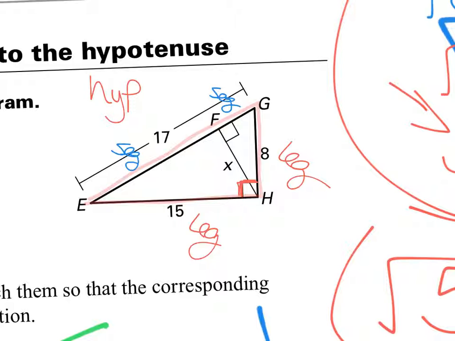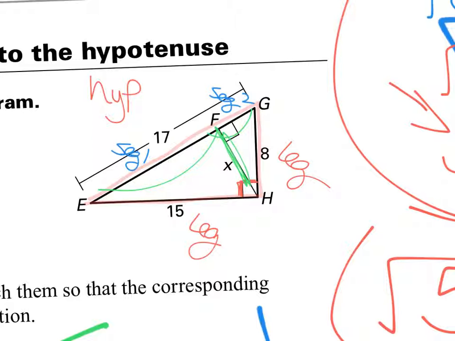This could be segment 1, this could be segment 2, or you could say the other one, GF is segment 1. It doesn't matter, you can interchange these. So when we're referring to legs, we're talking about the two original legs that made the right angle of the big one, and then the hypotenuse, which is opposite that 90 degrees. And notice this altitude here is what breaks up the hypotenuse into segment 1 and segment 2. Does that make sense?